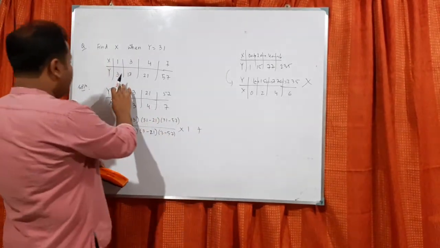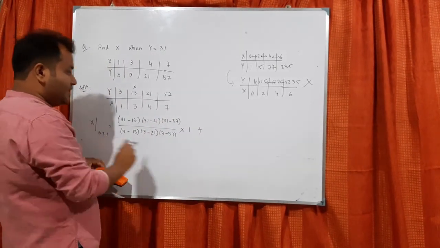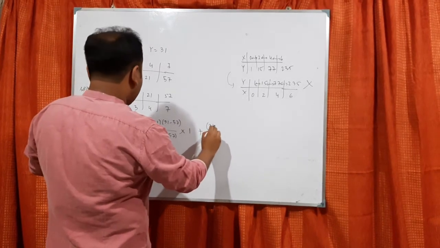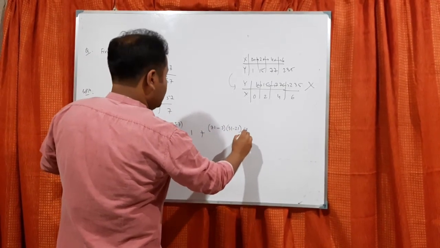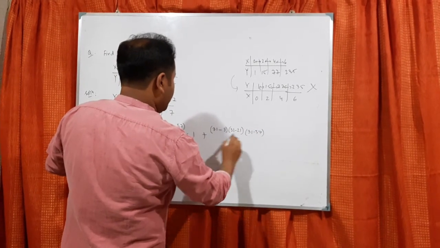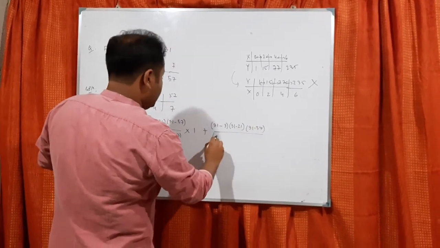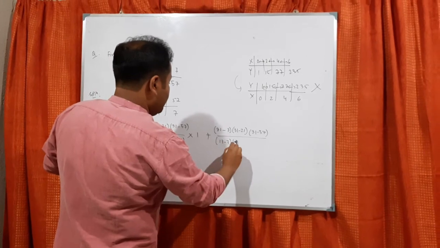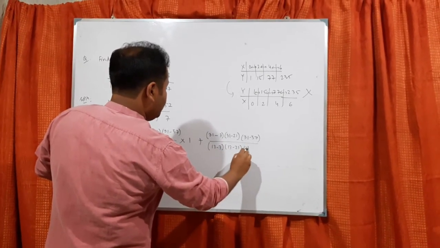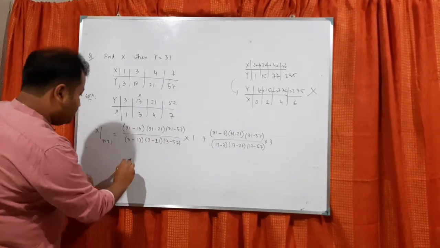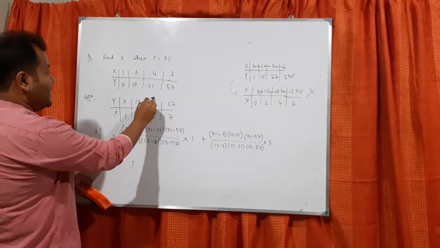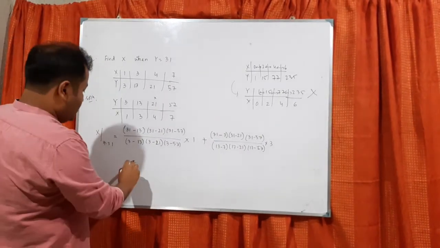Plus, if I go for the second term, then I don't take this. So it should be 31 minus 3, 31 minus 21, 31 minus 57 divided by 13 minus 3, 13 minus 21, 13 minus 57, into 3. Plus, if I go for the third term, then I don't take 21.